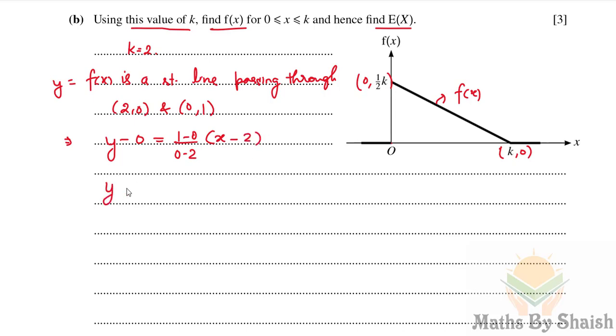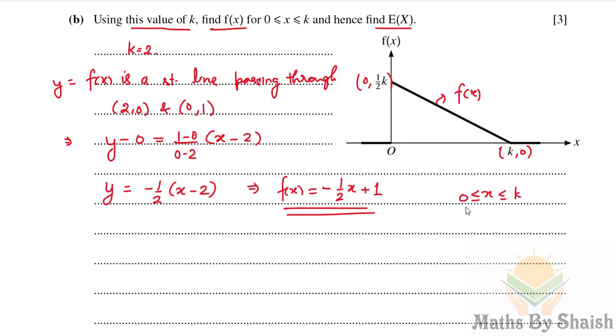So y equals minus half times (x minus 2), or f(x) equals minus half x plus 1, since 2 by 2 cancels to 1. That is f(x) for x between 0 and k, or 0 and 2.